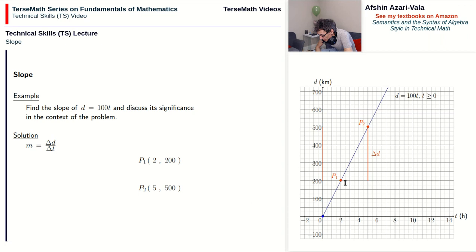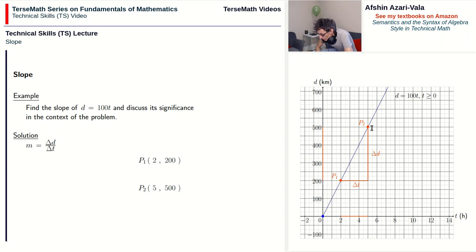So we're talking about this piece. And this corresponds to the time interval from 2 hours to 5 hours. And we call this delta t, change in the value of t.